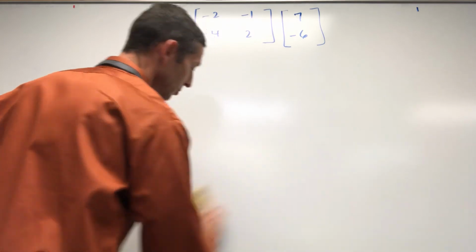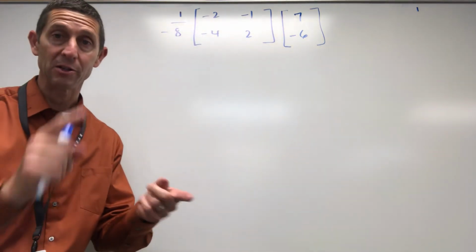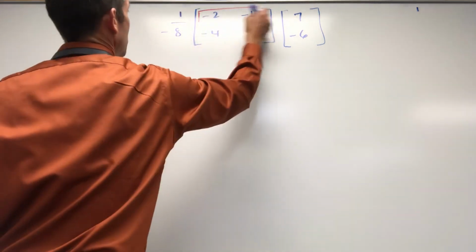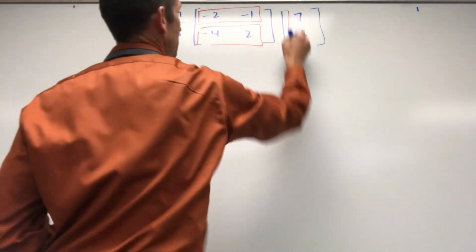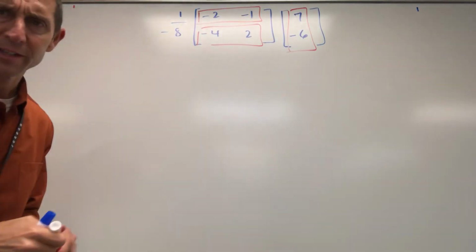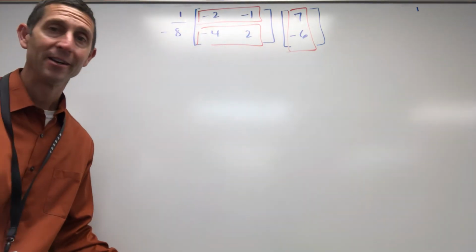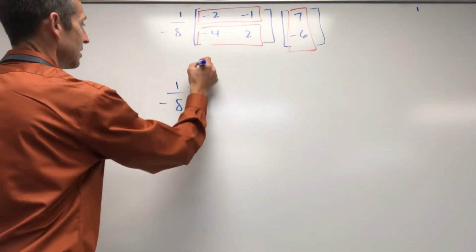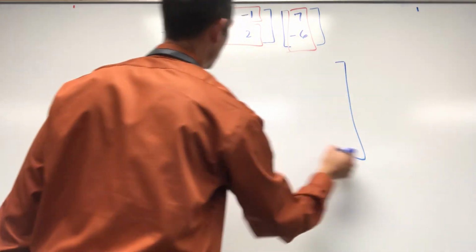We know the rules for multiplying matrices. It's always the rows by the columns. We're going to save that ugly fraction till the end. Don't even mess with him. We're going to get nice numbers to work with in here.